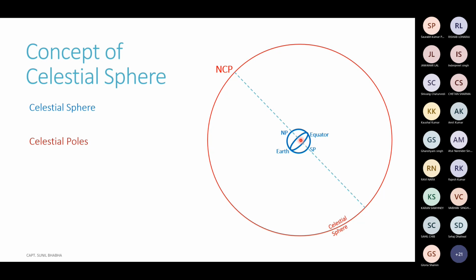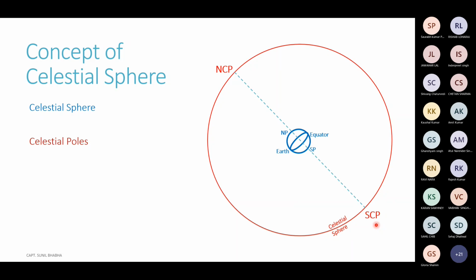Similarly, the axis of the Earth extended towards the South Pole of the Earth meets the celestial sphere at this particular location, and this is known as the South Celestial Pole. So you have the South Celestial Pole marked on the diagram as SCP. So these are the two celestial poles which we use as our reference.